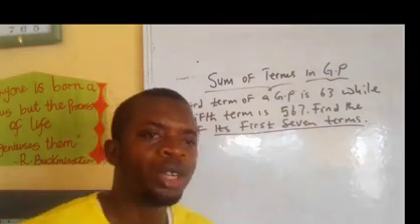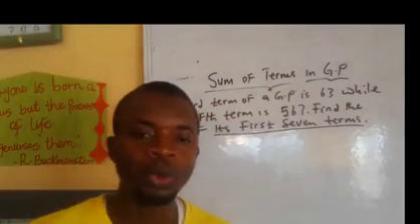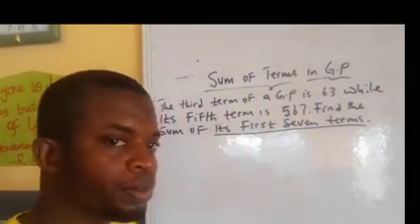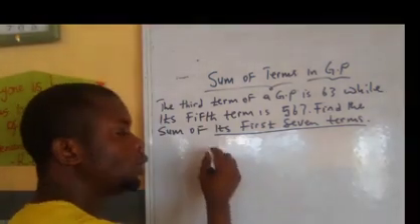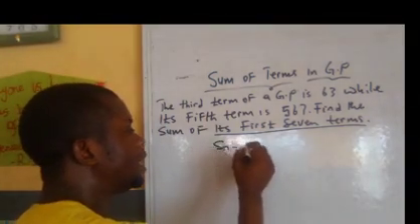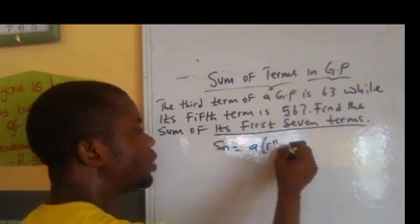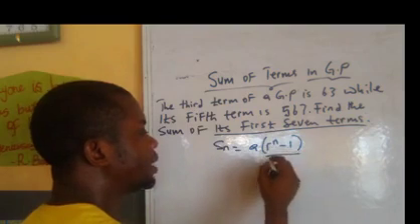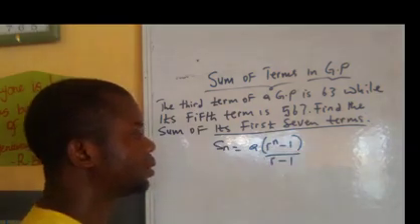Okay? And you need to understand that when we are solving sum of terms in GP, we have 2 formulas which we can use. If our ratio is greater than 1, we use this formula, which is a bracket r raised to power n minus 1 close bracket over r minus 1.